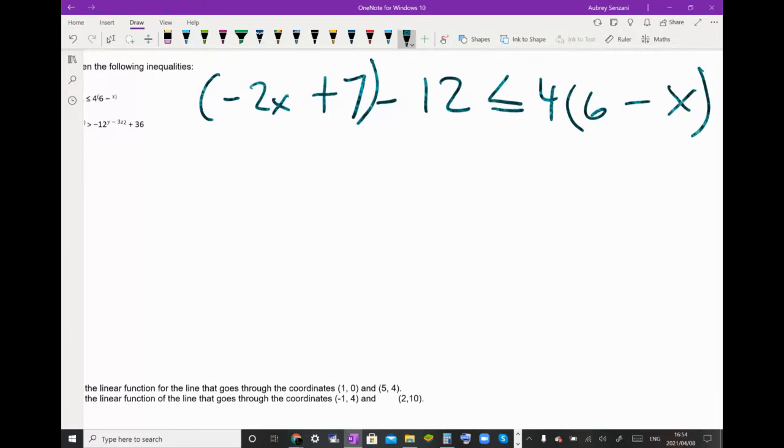Okay, so again, we want to remove brackets. So 4 times 6, we get 24. 4 times x, we get negative 4x.